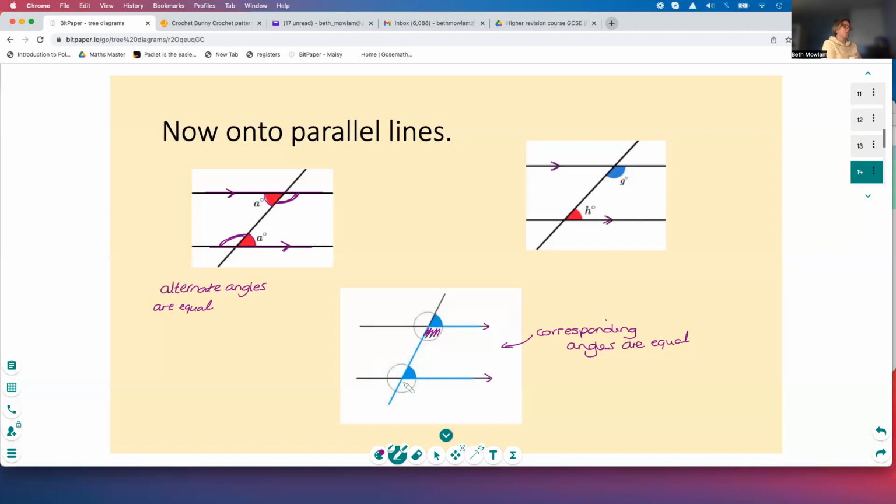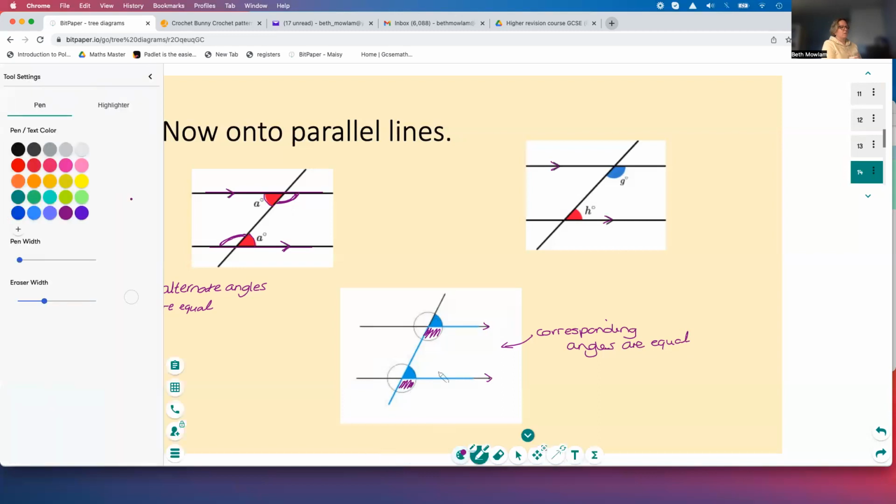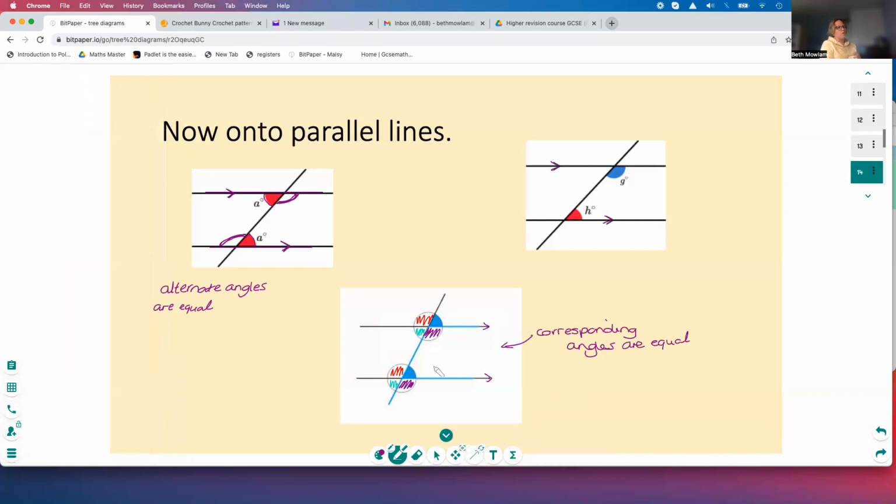This one here and this one here are corresponding because they are on the bottom right of that line. This one here and this one here are corresponding. So they are what we call corresponding angles because they're in a corresponding position on the diagram. They are equal to each other.